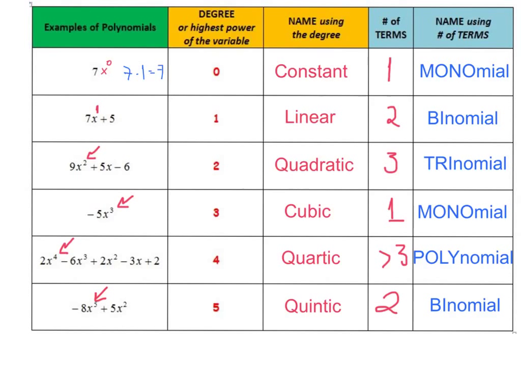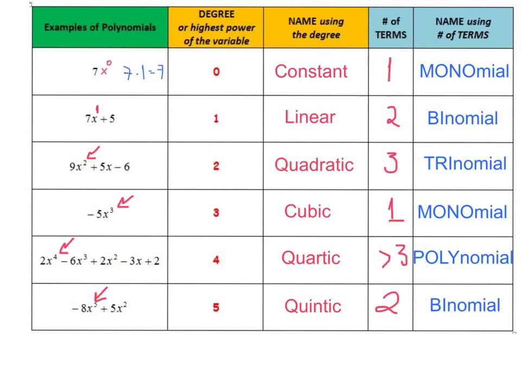So you can name these ones this way. The first one, 7, you can say it's a constant, a monomial. The second one, 7x plus 5, you can say a linear binomial or a binomial of degree 1. The third one is a quadratic trinomial or a trinomial of degree 2. This next example, negative 5x cubed, you can say a cubic monomial or a monomial of degree 3.